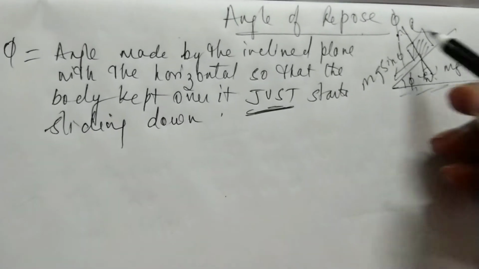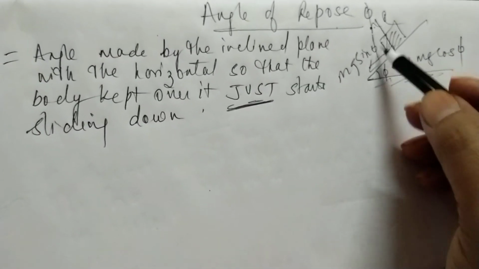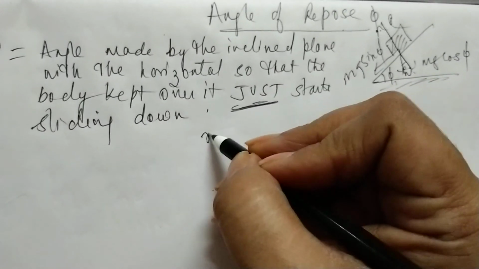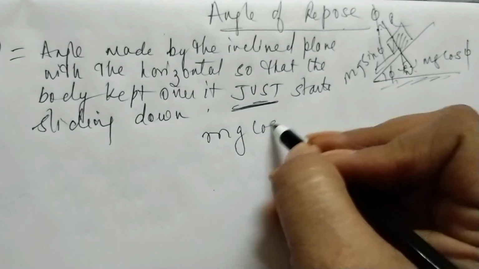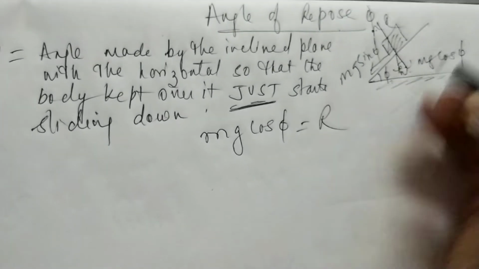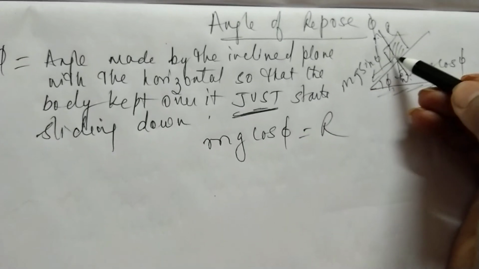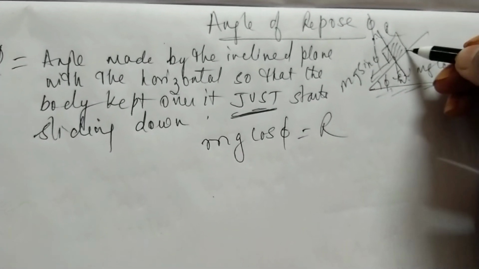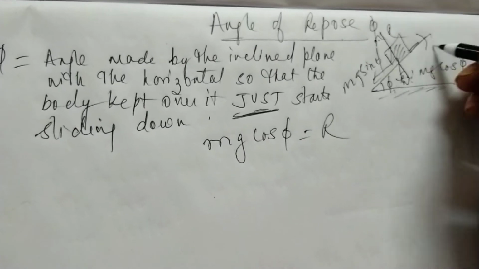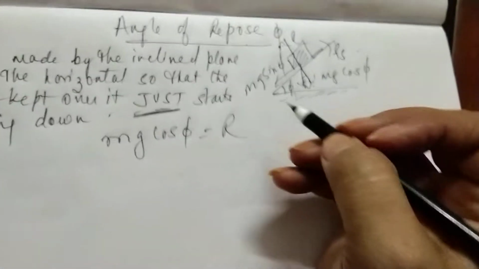Now if you look at the figure, we have mg cos phi balancing the normal reaction. You can see that they are in the same straight line. Since the body just starts sliding down, it means there was a frictional force, Fs.